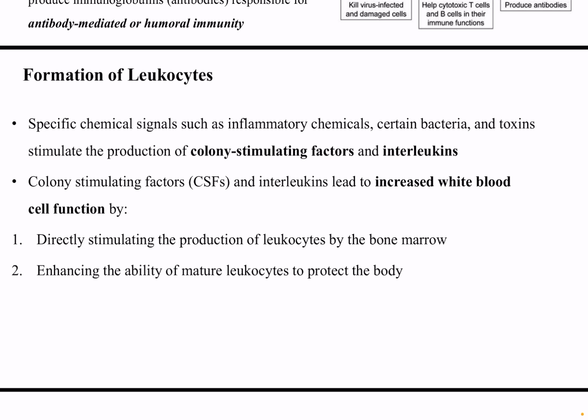These microorganisms stimulate the available white blood cells and other endothelial cells to secrete these two substances, colony-stimulating factor and interleukins. Both of these mediators play an essential role in the activity of the white blood cells.